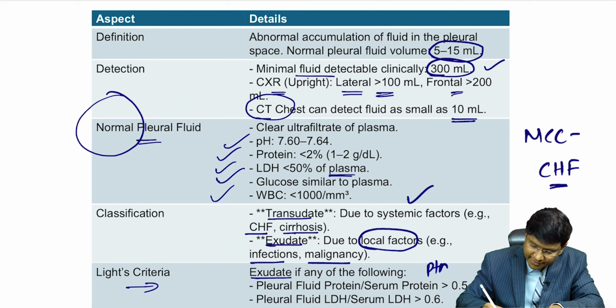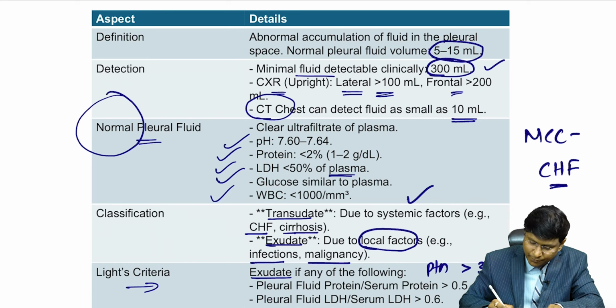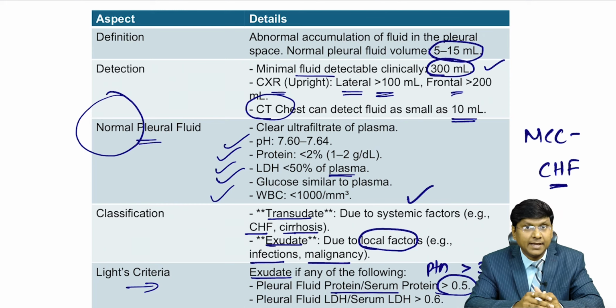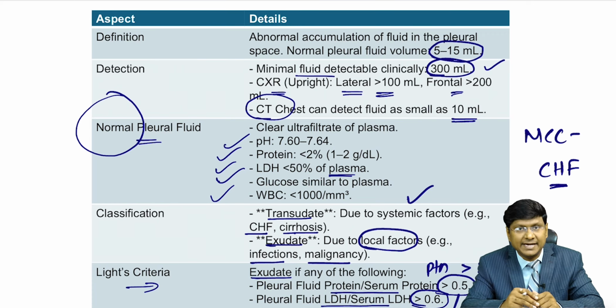Number two, the pleural fluid protein to the serum protein ratio should be more than 0.5. And the pleural fluid LDH to the serum LDH ratio should be more than 0.6, or more than 2/3 of the upper normal serum LDH limit.